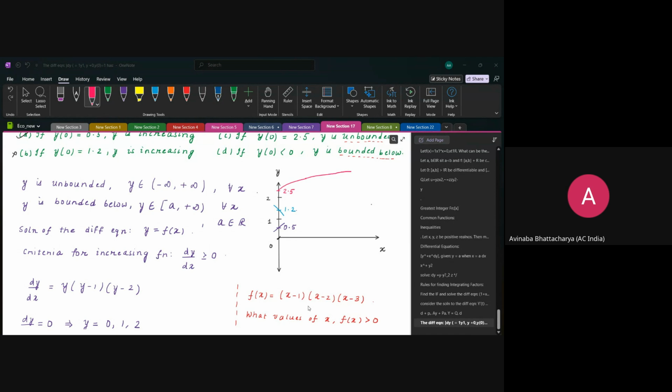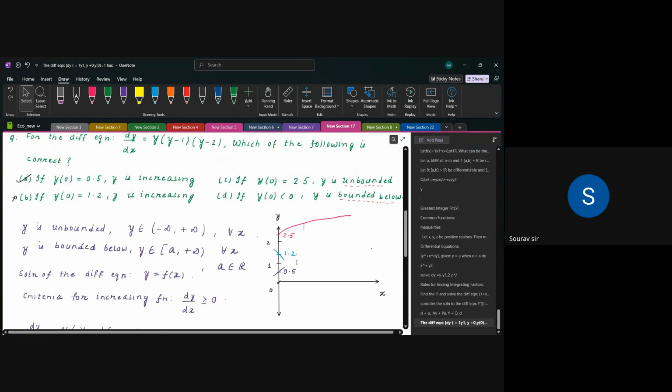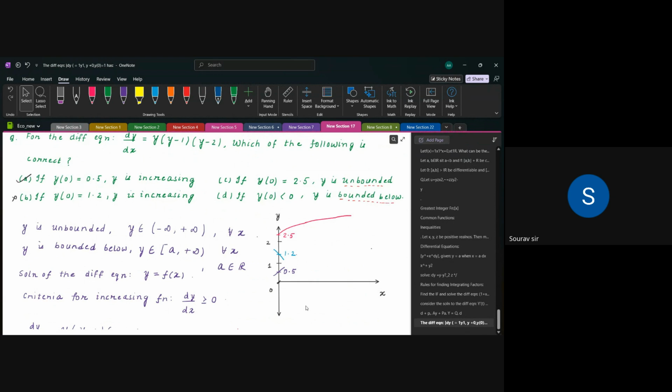So can you explain once again? So y(0) is 2.5, right? So 2.5 means what? It is between 2 to infinity, correct? So between 2 to infinity, what is the sign of dy/dx? It is positive, correct? That means at this point, when x is 0 and y is 2.5, what is the slope of the curve?